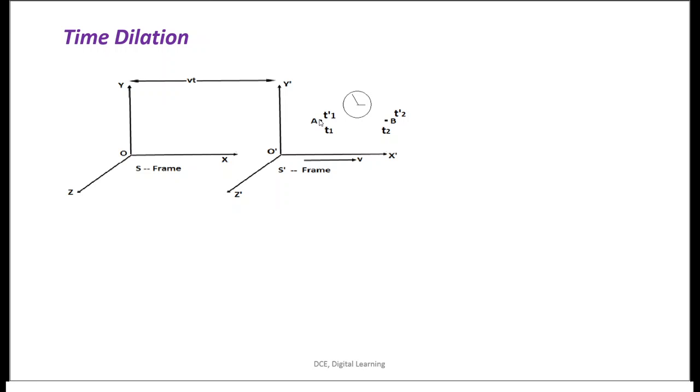The first event measured by the clock which is at rest with respect to S prime is T1 prime, and the event recorded by this clock taking place at B is T2 prime, where T1 and T2 are the times recorded by the observer who is in S frame of the same events.